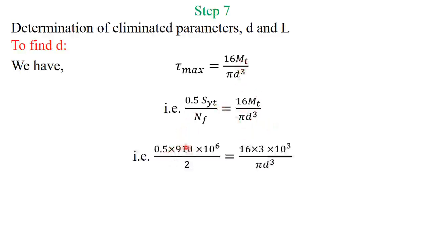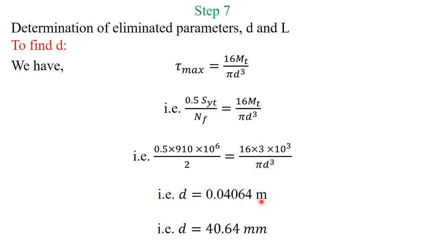So you can find D from this by putting the appropriate values of titanium alloy. Units must be seen properly; put all in SI units, better. So you get D in meter. D is equal to 0.04064 meter. If you want to put it in mm, it will be 40.64 mm.